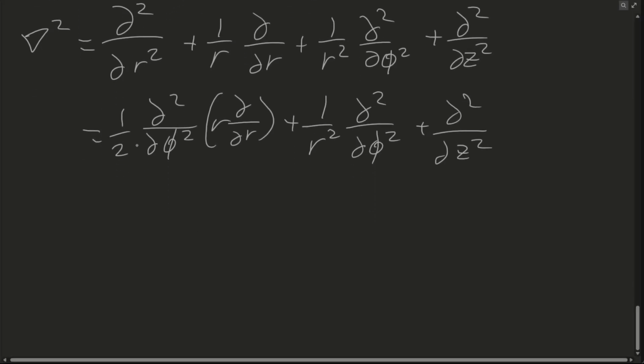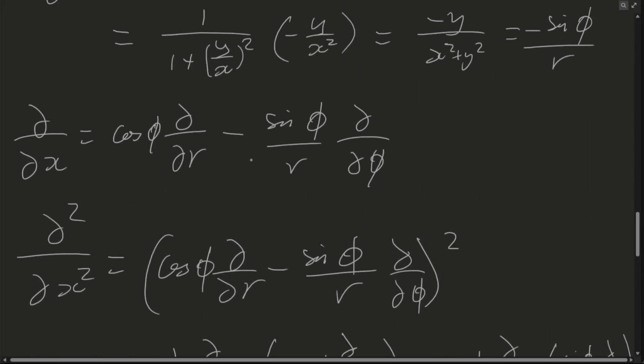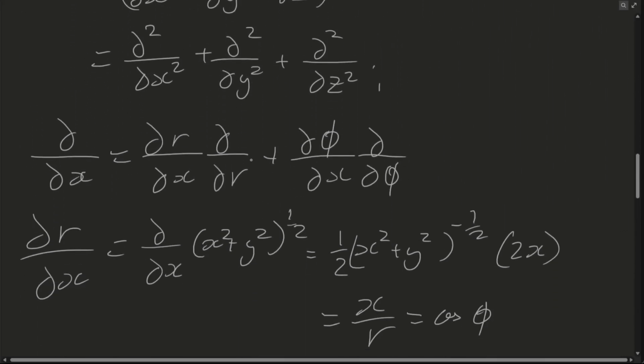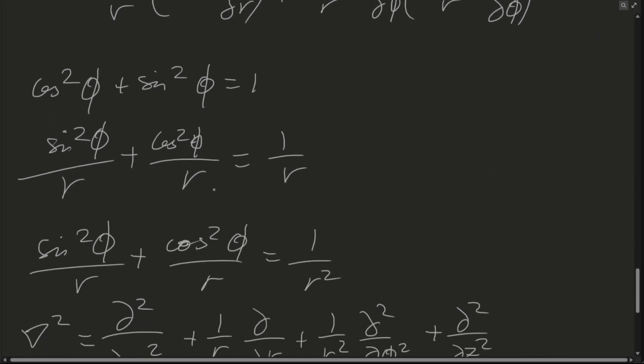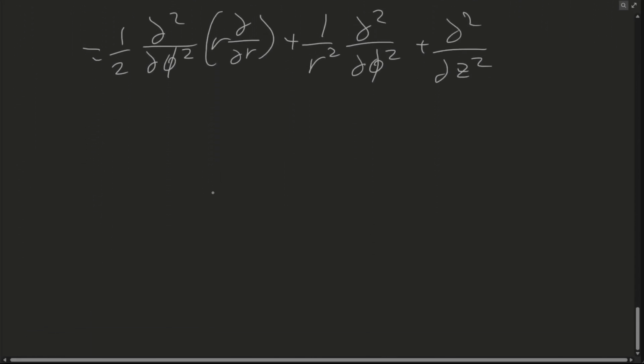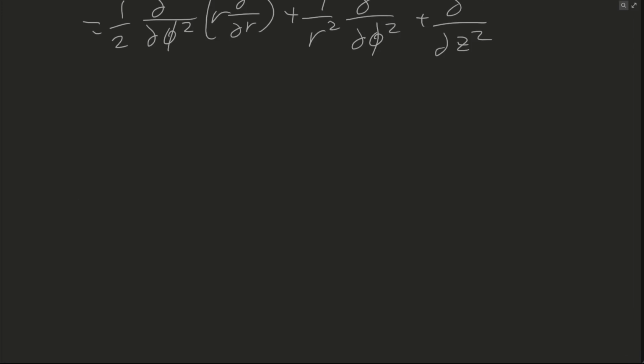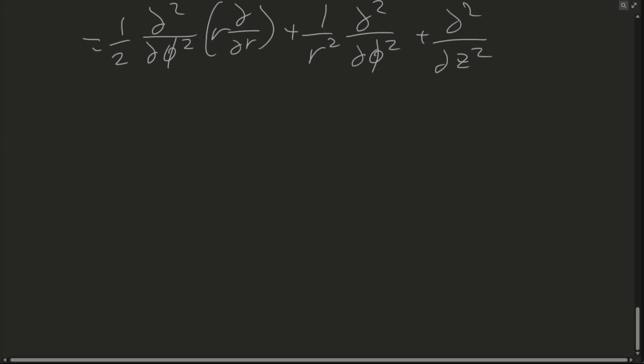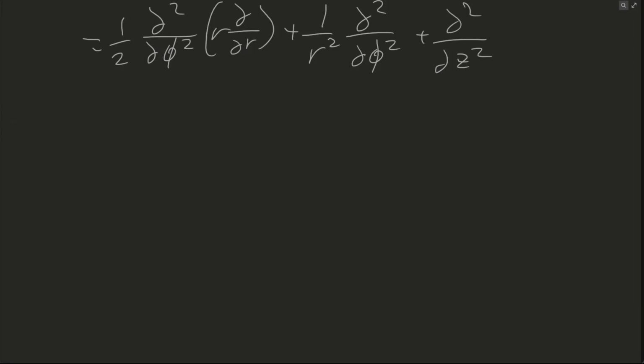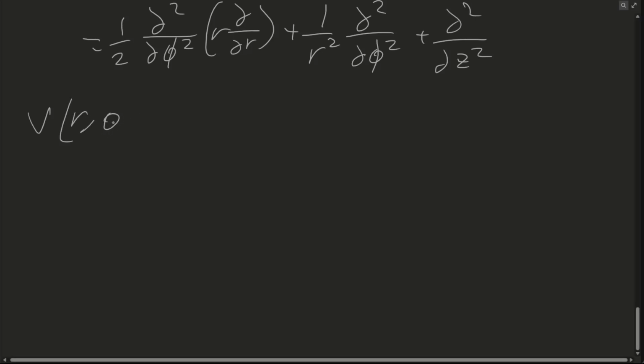And now finally, since we have an equation for the Laplacian and we have a time-independent form of the Schrödinger equation, we can start solving or deriving for the cylindrical well. So we can define our potential inside the well as V, which takes in arguments.